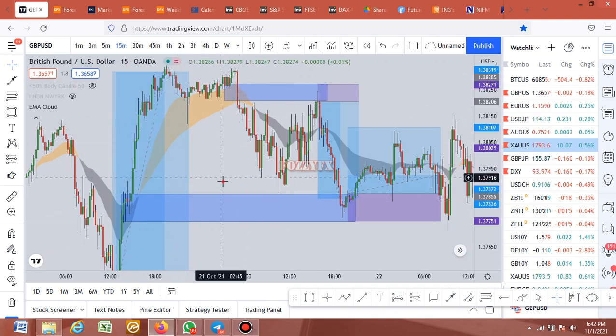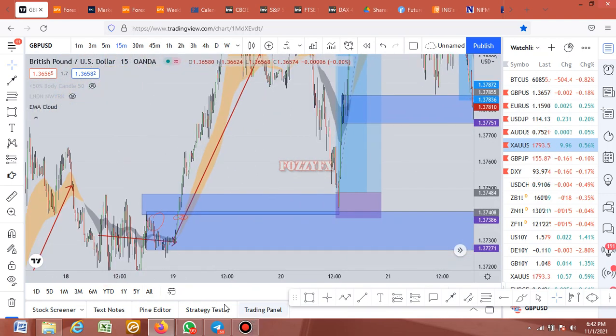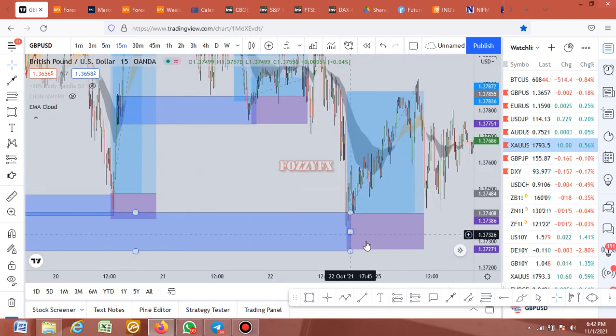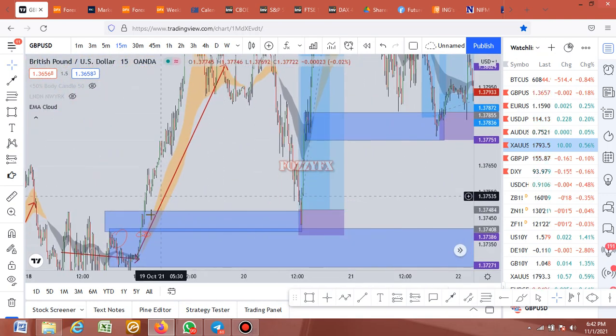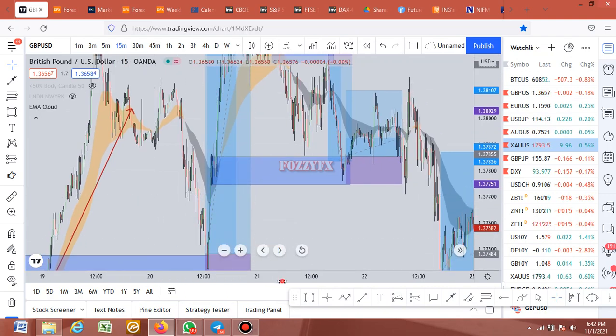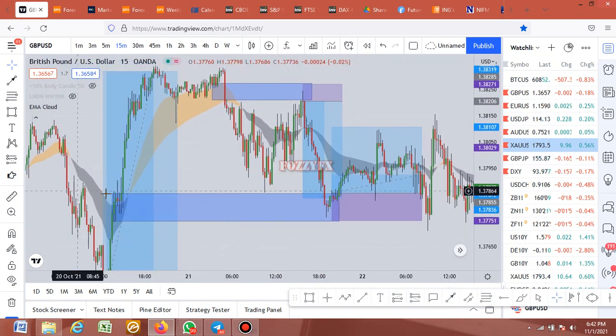You don't want it to take a very long time, like something that we have here. We had this moving average cross, and it took a very long time for price to come back to that level. Although it respected it, but not very often. We want to be taking very short trades.